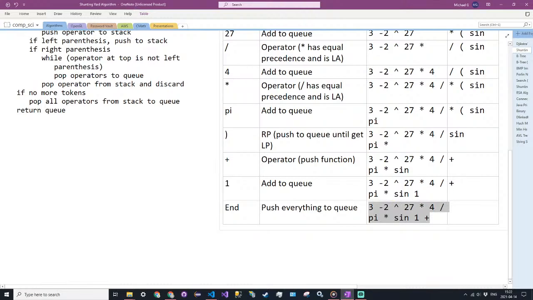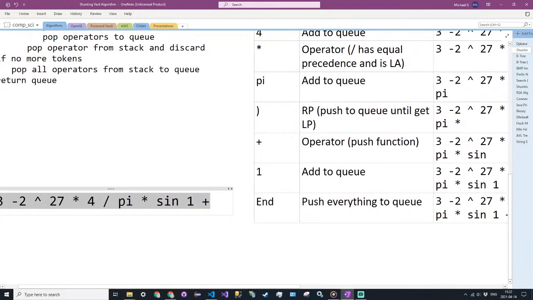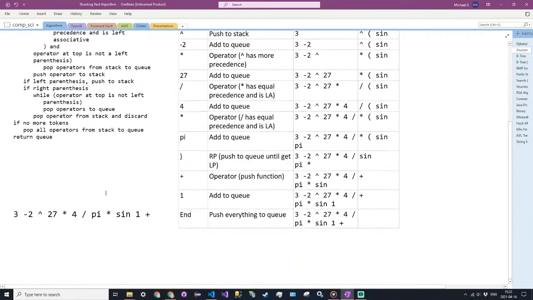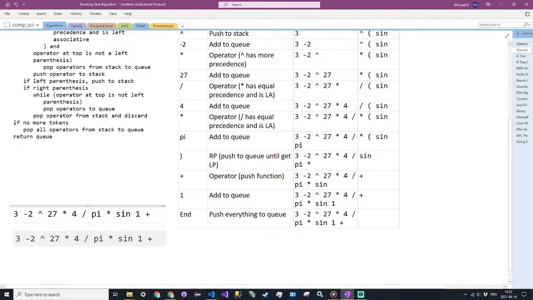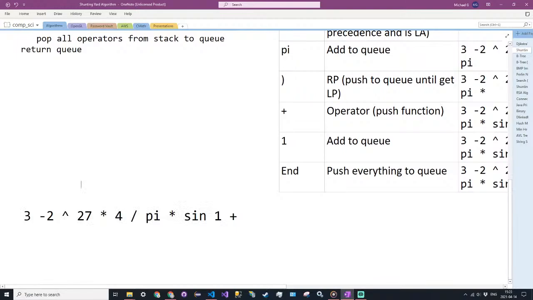So let's take a look at this, because like I said, this is going to be our reverse Polish notation. So let me increase the size a bit. Okay, let's take a look at this reverse Polish notation, and we will see how this actually helps us.